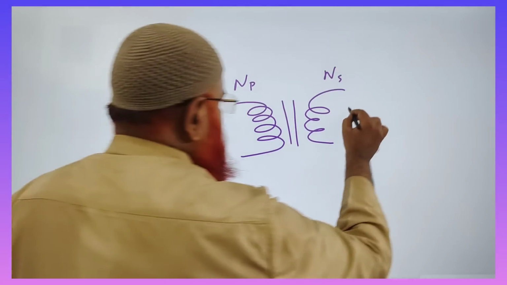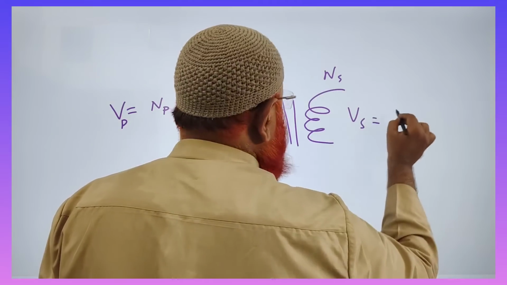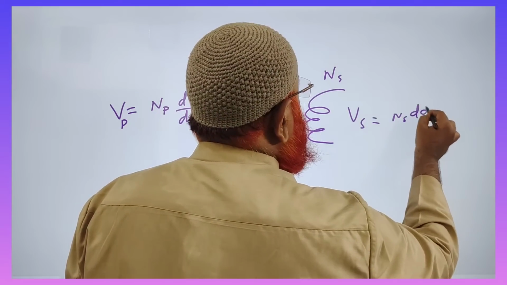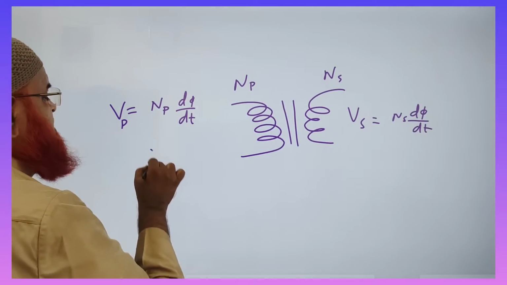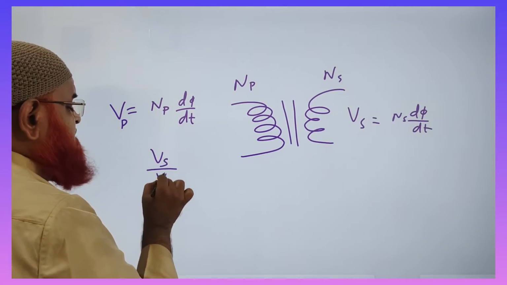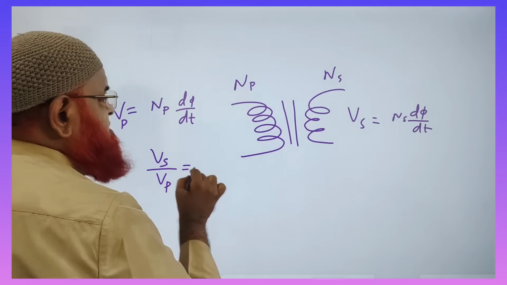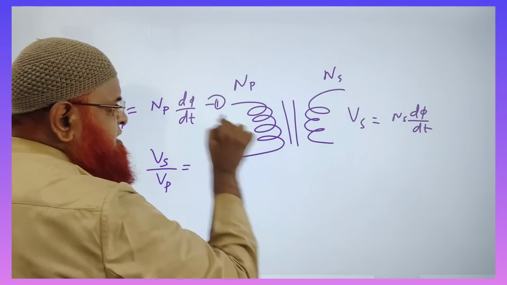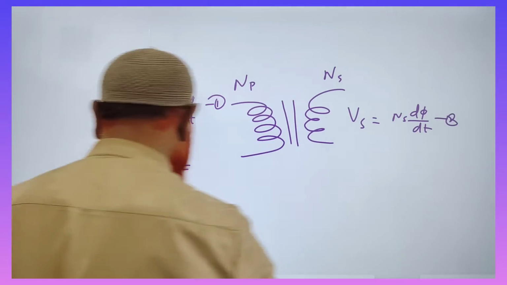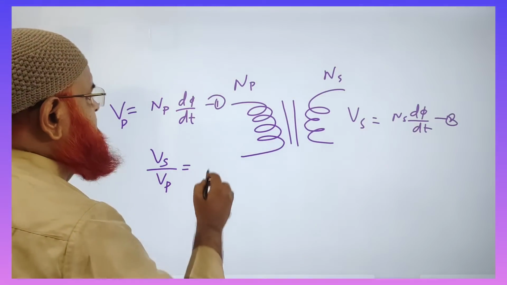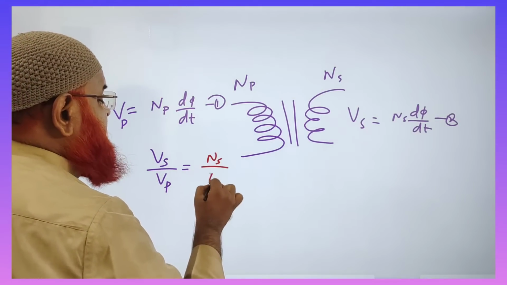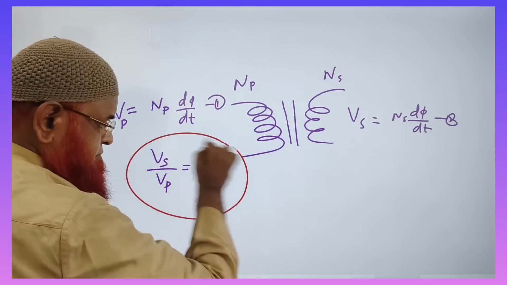And V secondary is nothing but N secondary d phi by dt. So V secondary by V primary is equal to how much? If you divide these two, V secondary by V primary is nothing but N secondary by N primary.